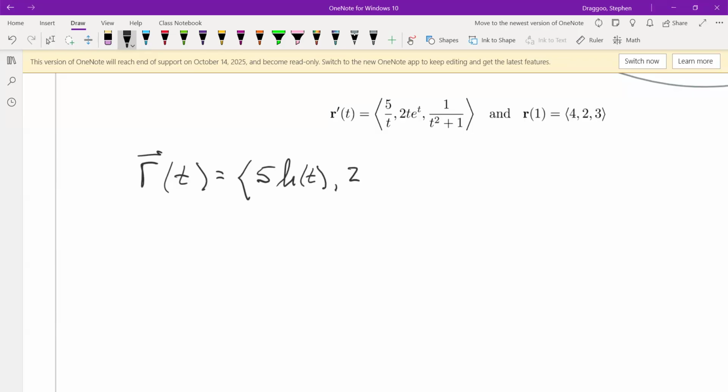I think this integrates like t squared e to the t minus e to the t. Not quite, right? So let me go back and do this thing again. I know that this is the result of some product rule.